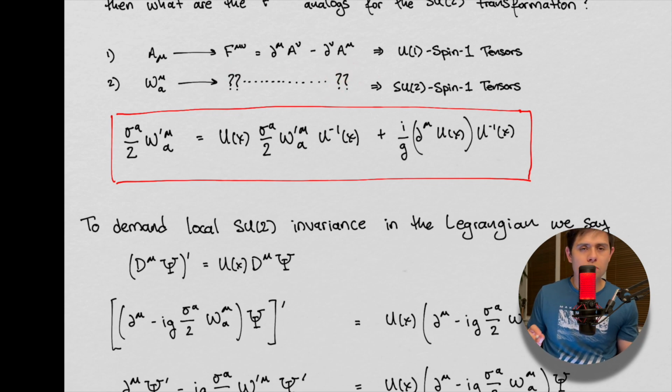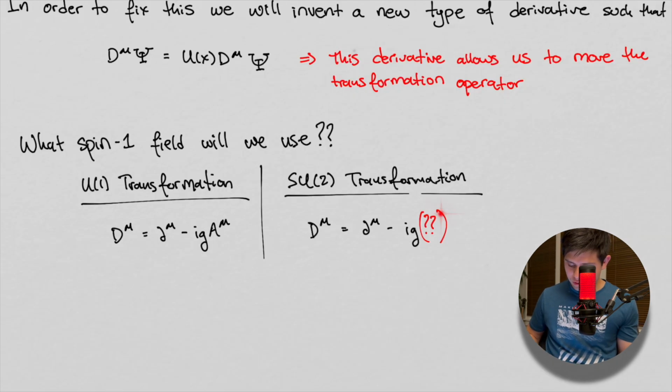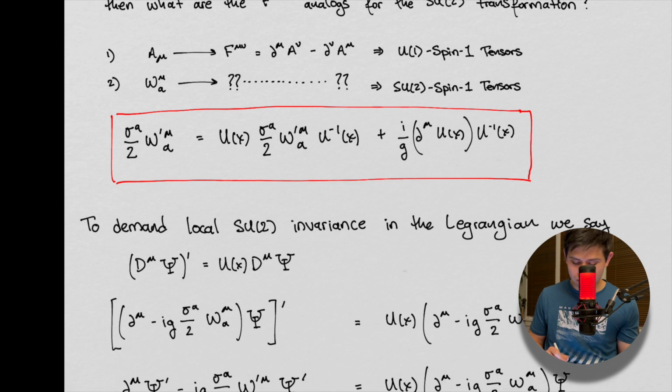We're throwing out some questions right now. The first question is, what exactly is this guy going to be here? And the second question is, what exactly is going to be put right here, the tensor case. So we're trying to figure out what the spin 1 vectors are for this SU2 invariance, and what its associated tensors are going to be like.